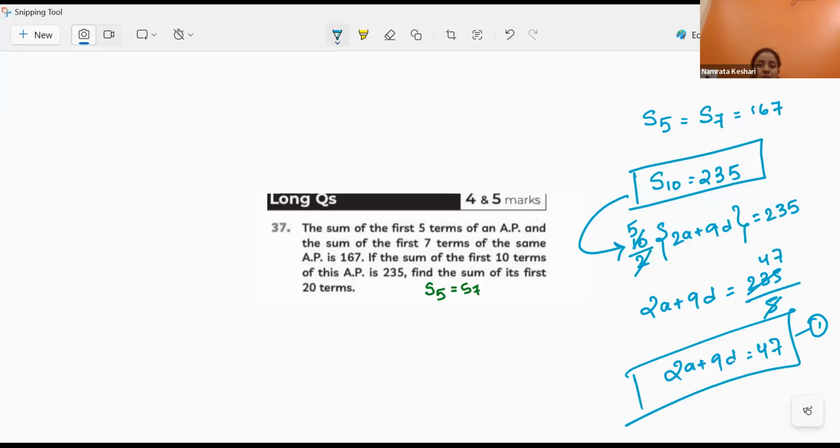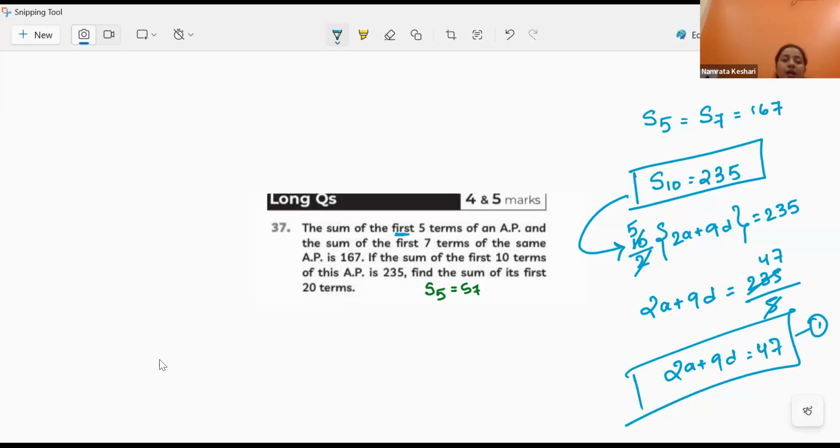Now here S5 and S7 are both the same, equal to 167. Why is the data given in this manner? The sum of the first five terms of the AP and the sum of the first seven terms. Okay, first is written, so we cannot even say that the question is confusing. No, it's not.